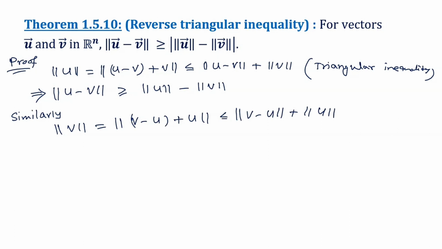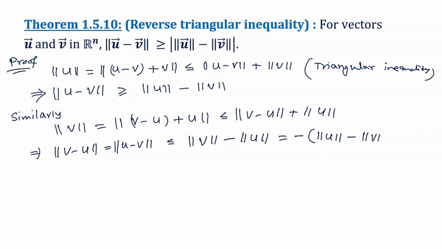Now v minus u is the same as u minus v in norm, so the norm of v minus u, which equals the norm of u minus v, is greater than or equal to the norm of v minus the norm of u, which is equivalent to minus the quantity norm of u minus norm of v. We write it this way to show that these two are parts of the absolute value. Together, this is 1 and this is 2.